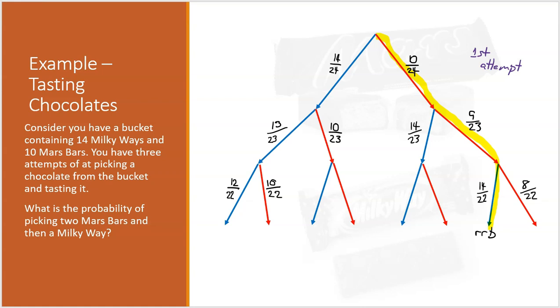So the probability of red, red, blue, a chance of getting 2 Mars bars and a Milky Way, is the same as saying 10 over 24 times 9 over 23 times 14 over 22.